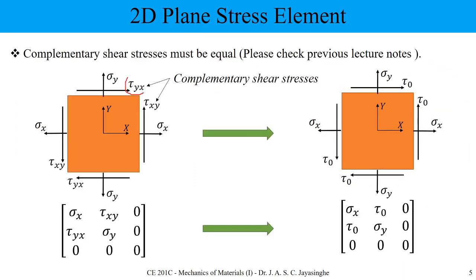Next, we know the complementary theory about shear stress. These should be equal, otherwise it's not going to give an equilibrium system. So now we can simplify this. Actually we don't need to put it this way. If you like, you can do it this way, that's enough. Okay, tau xy, and this is our general element.